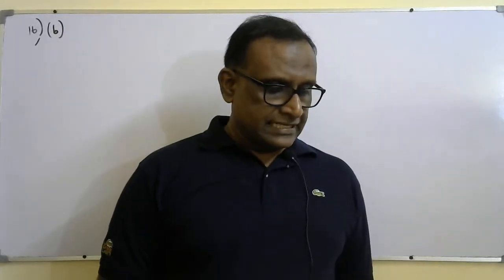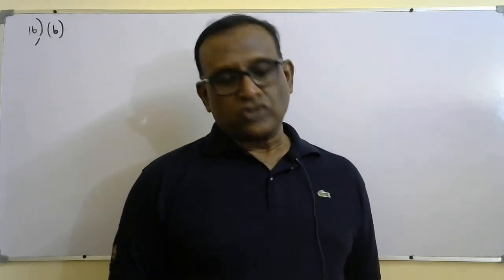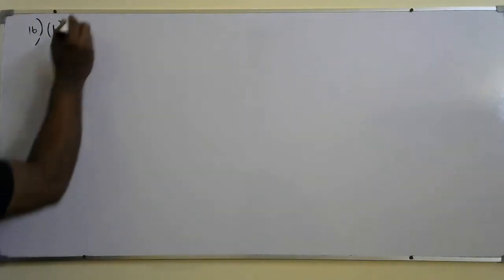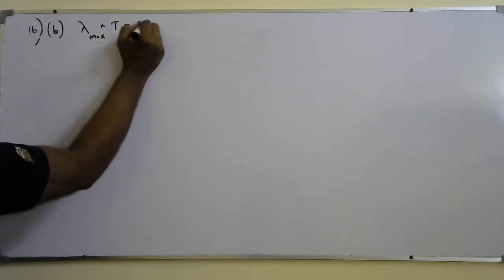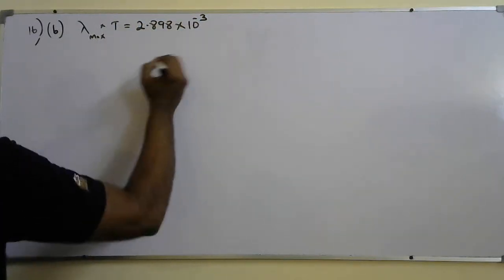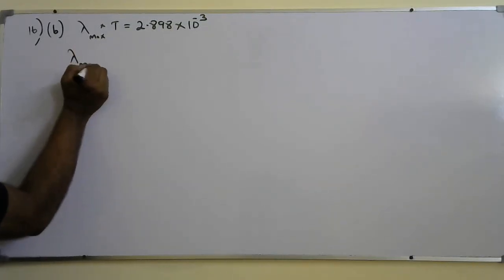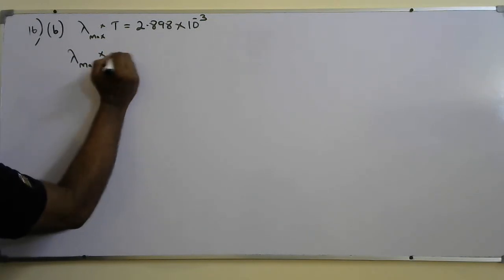Okay, question number 16b part, calculate the wavelength at which peak radiation power occurs for Mintaka. So that is Wien's law. We need to use Wien's law, lambda max times T equals 2.898 times 10 to the power minus 3 meter Kelvin. So lambda max, I need to find. The temperature given for Mintaka is 3 times 10 to the power 4.